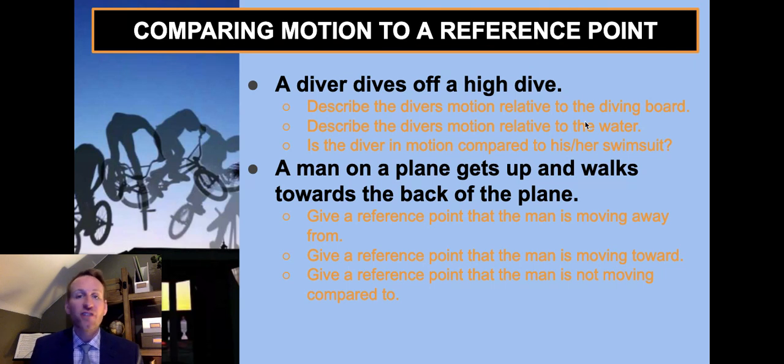Okay, is the diver in motion compared to his or her swimsuit? Now, this is an interesting one. The swimsuit is moving at the exact same speed as the diver. And when that happens, according to that reference point, if it's moving at the exact same speed, you would say, no, it's not in motion. I know this sounds weird, but pretend you're the bathing suit, right?